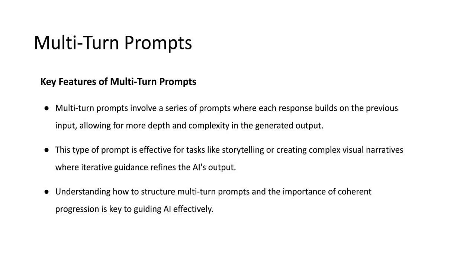However, the key lies in structuring the prompts coherently. A logical progression of information ensures the AI can effectively follow your narrative and generate outputs that reflect the depth and complexity you envisioned. By mastering multi-turn prompts, you unlock the potential to create elaborate narratives and stunningly detailed visual experiences with your AI collaborator.